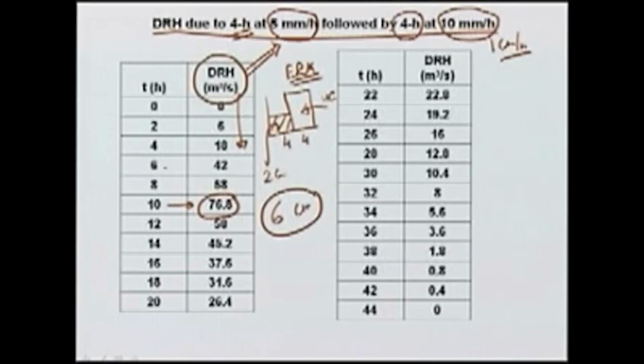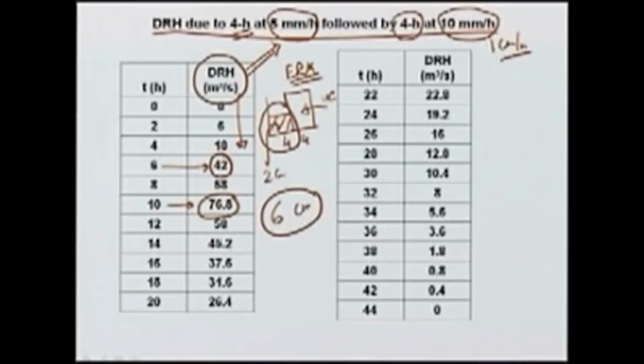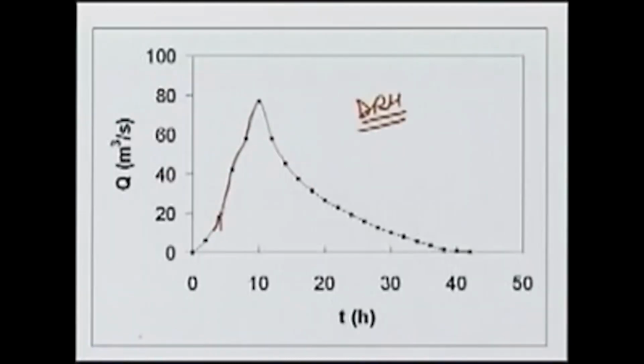Suppose we are looking at 6 hours. This 42 corresponds to the 6 hour value for the first rain and the 2 hour value for the second rain, because the second rain has started after 4 hours. So, that is why for this curve, up to 4 hours there is no problem; it is only because of a single rain.